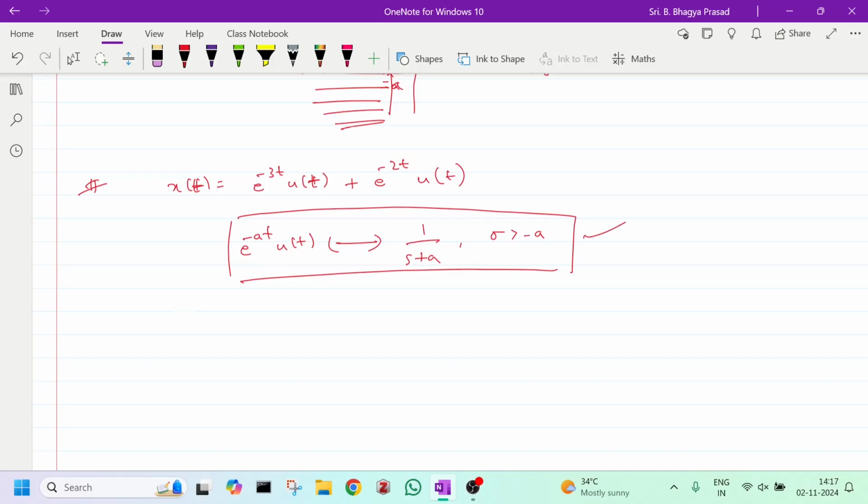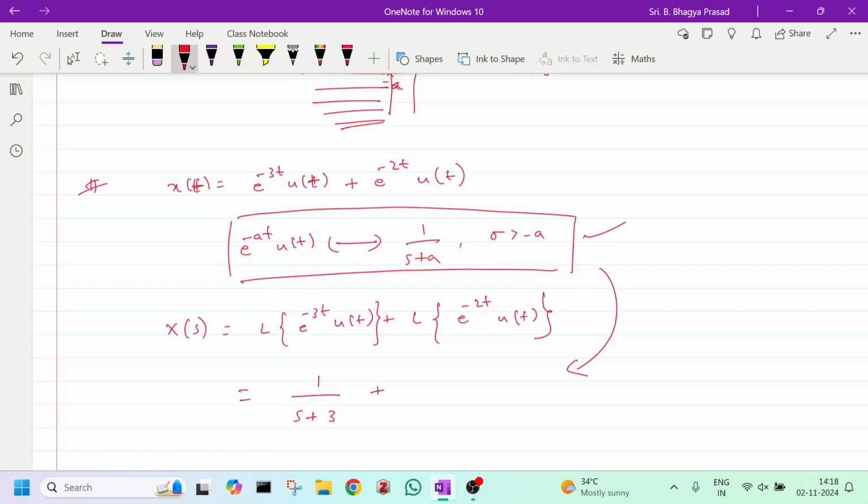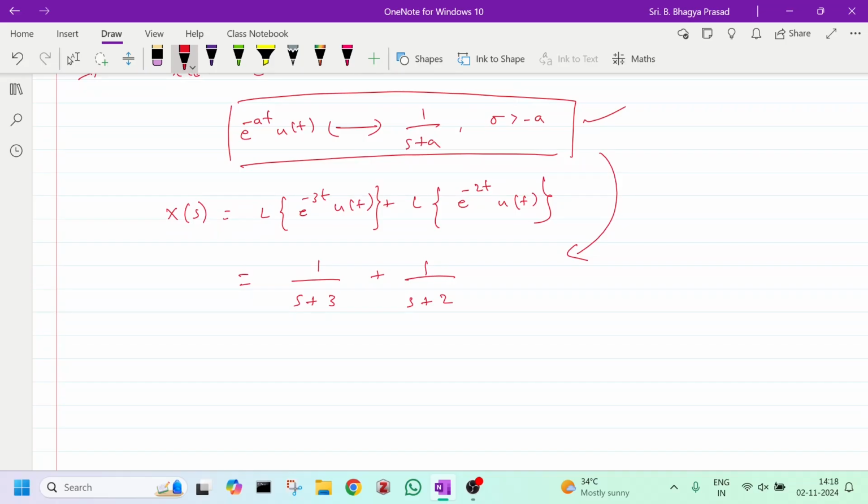So X(s) is the Laplace transform of e power minus 3t u of t plus the Laplace transform of e power minus 2t u of t, and let us use this formula. So here a is 3 and here a is 2, so 1 by s plus 3 plus 1 by s plus 2. So this is the Laplace transform for x of t, but you have to mention the ROC.